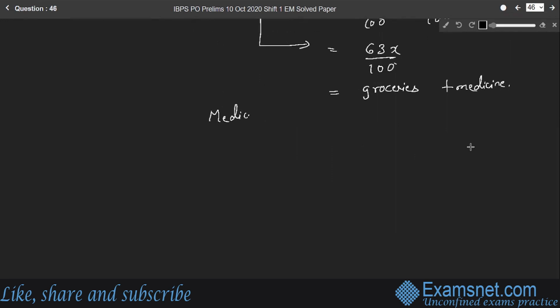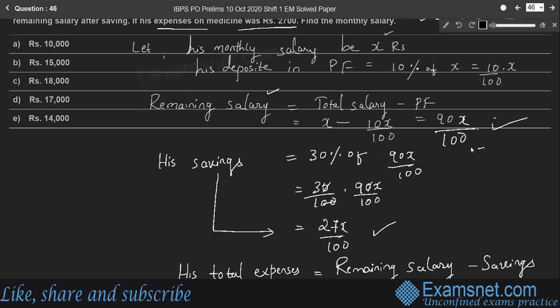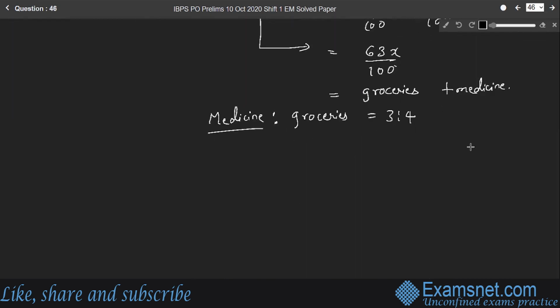So we can write medicine expenses divided by grocery expenses is equal to 3/4.